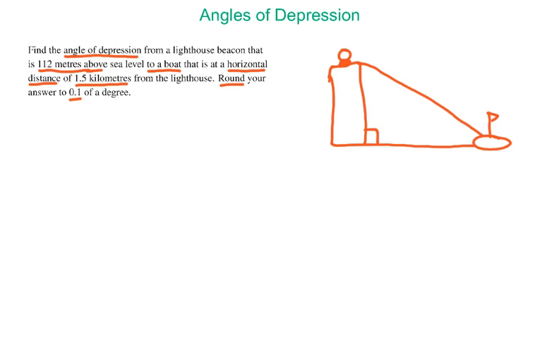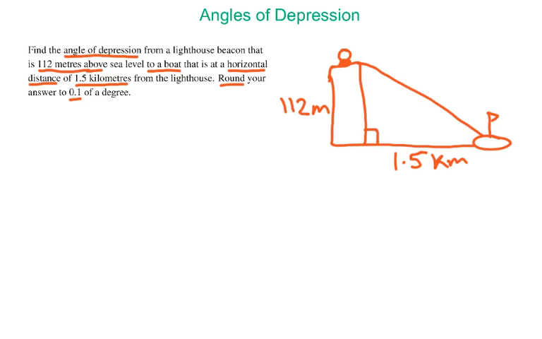So with this, we've got 1.5 kilometres, which is my horizontal, and the lighthouse, which is 112 metres above sea level. So noticing that you've got 2 units already that are not in the same unit, so we will need to deal with that in a moment.